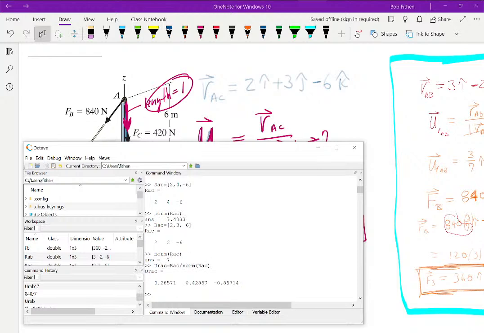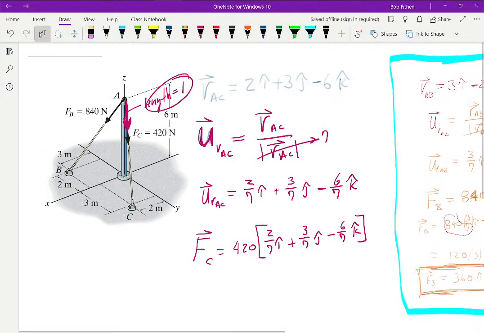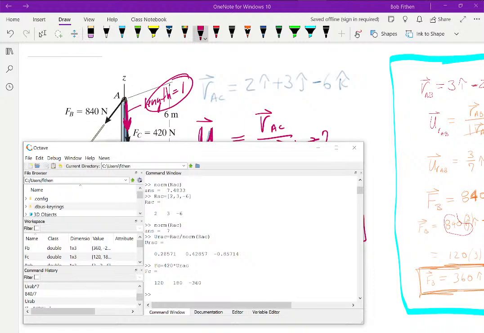Again, I get some decimal values here, in which now I can say the force vector at C is equal to 420 times the unit vector that goes from A to C. Now, again, it is pretty rare to get these things like this, but you know, 120, 180, and minus 360.